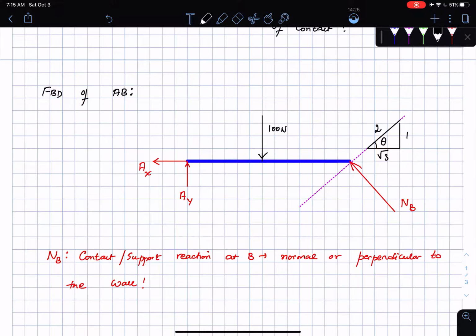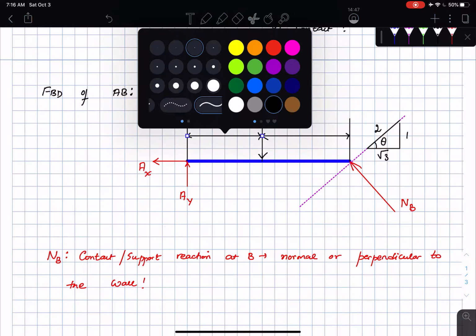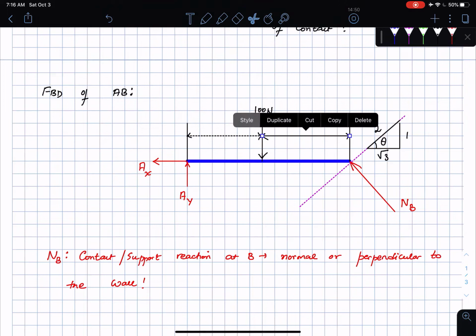And then of course I have these distances and so on, so let me mark the distances here, of course using dotted lines. That's 1 meter. As you can see, the loading situation is fairly simple in this problem. In many problems, you might have different other types of loads acting, which is not a big deal. One can always take care of them. So let me draw these using dotted lines as well.